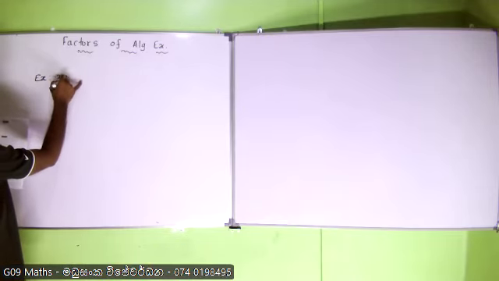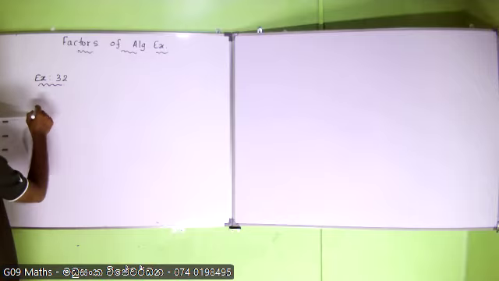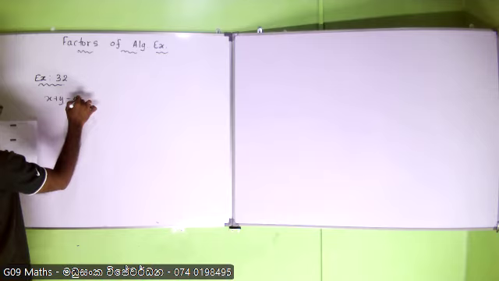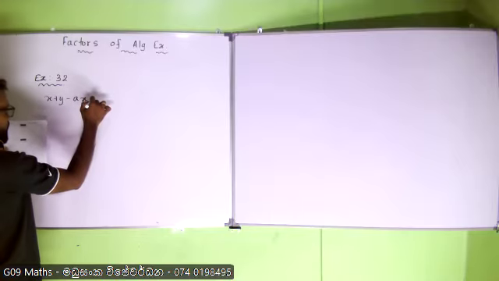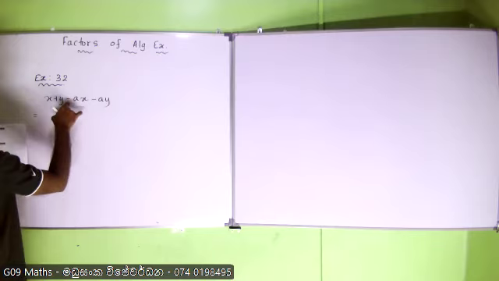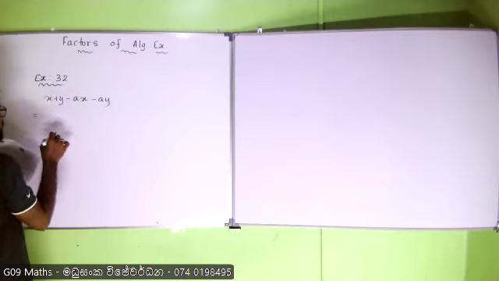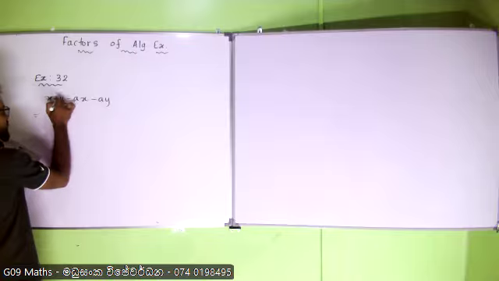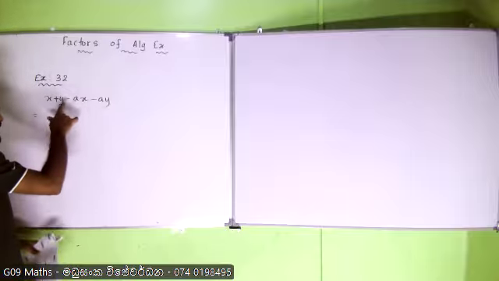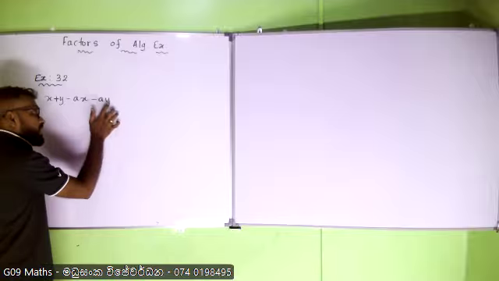Example number 32. So this is the question that I was doing when the power went on last Wednesday: x plus y minus ax minus ay. Looking at this, here you have x plus y, and here you have minus ax minus ay.